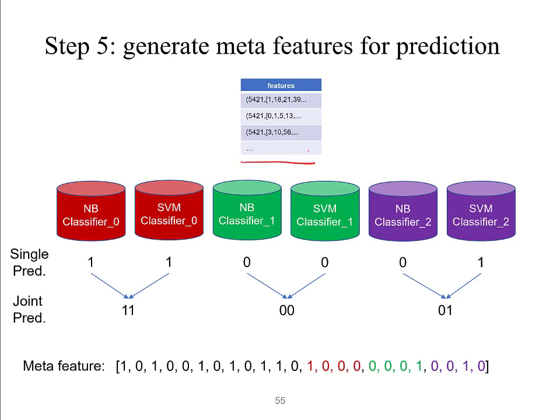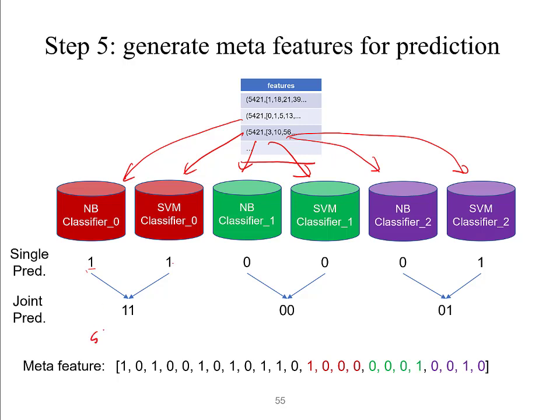So just as you can see here, these are the features of the testing data. And these features can be used as input to all these base classifiers. And each of them, for each row, will give a prediction. Right? So these are the single prediction, and these are the joint prediction. And we, again, do the one-hot encoding using the same pipeline, actually.